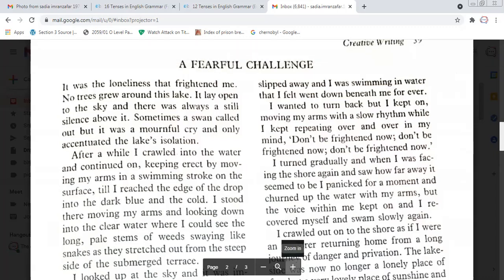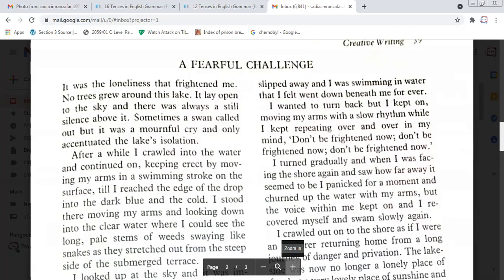It was the loneliness that frightened me. Now trees grew around this lake. It lay open to the sky, and there was always a still silence above it.